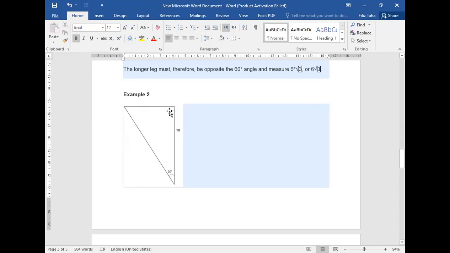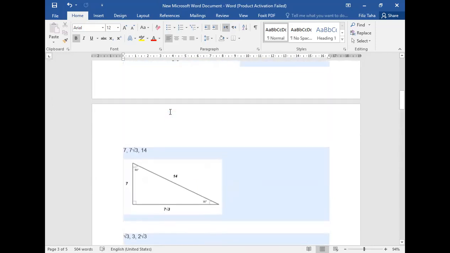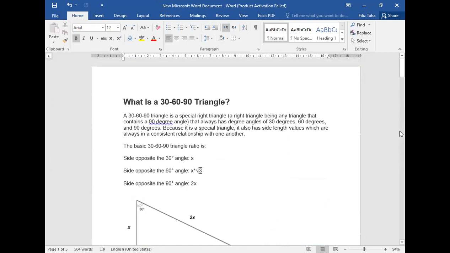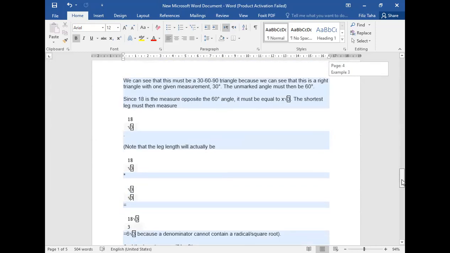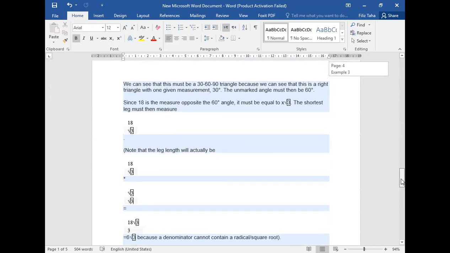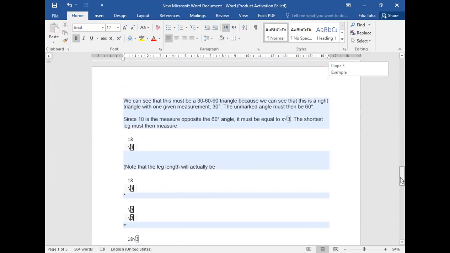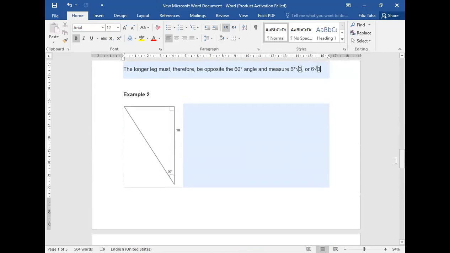So if I want to find the third side now, what do we have to do? If I want to find the third side for this question, how are we going to find the answer? Then we will use 18 and divide it by 18 root 3.